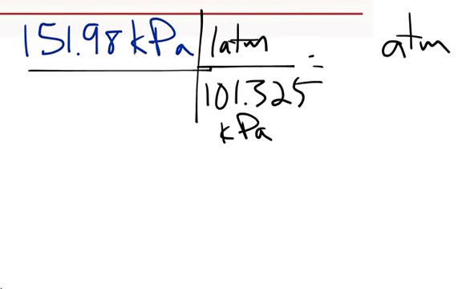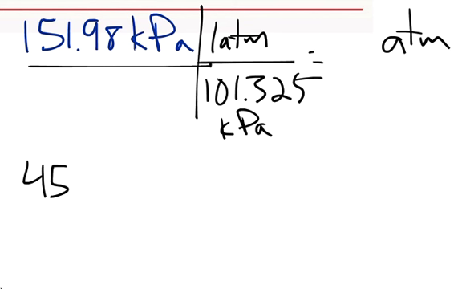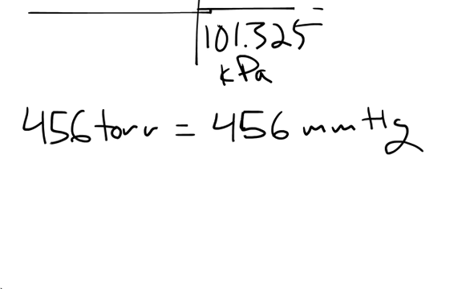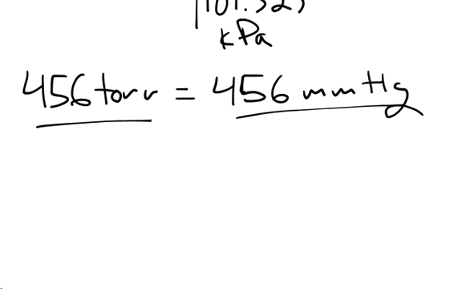Let's do torr. Torr's kind of a fun one. 456 torr. We haven't looked at what torr is yet. Well, torr is equal to millimeters of mercury. Isn't it fun having all these different units? So if we know the conversion for millimeters of mercury, we know the conversion for torr.